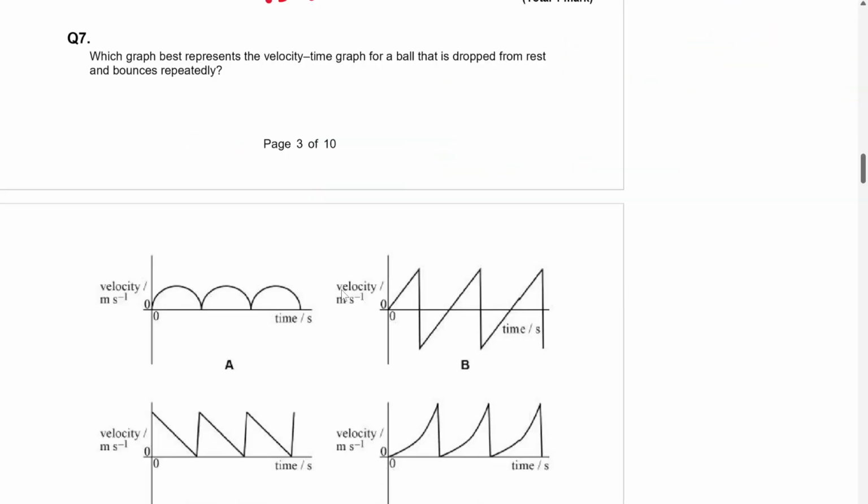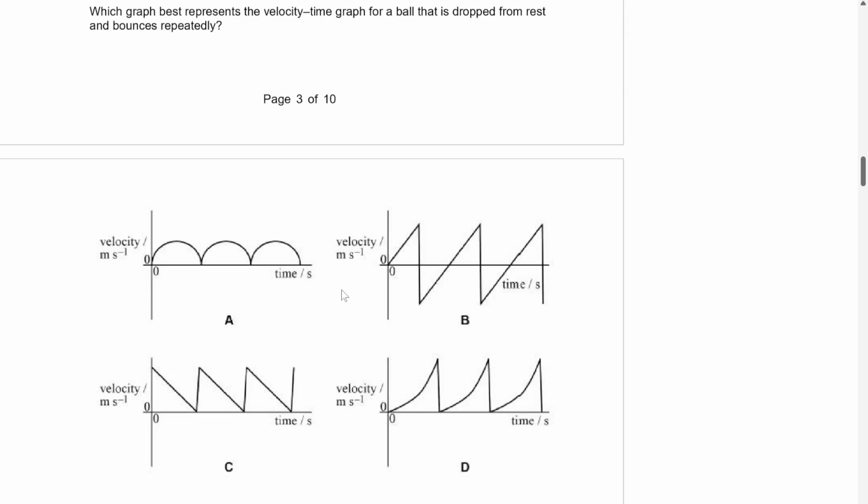Which graph best represents the velocity time graph for a ball that is dropped from rest and bounces repeatedly? Okay, first, a few points for the velocity time graph. A ball that is bouncing, what kind of acceleration is acting on it? One acceleration is acceleration due to gravity.